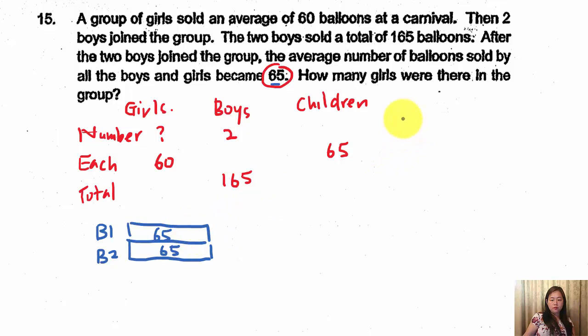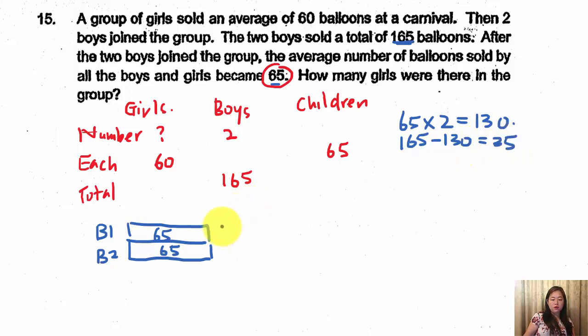It would be 65 multiplied by 2, which is equals to 130. But the problem sum tells us that they sold 165 actually. So 165 minus 130 is actually 35 balloons.